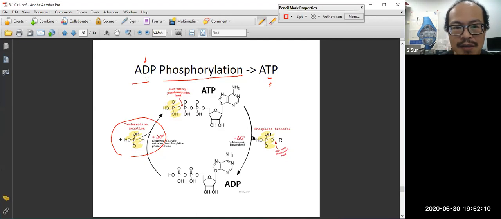Here is two phosphates. So that's the process, a very simple one. The whole work is to add a phosphate to ADP to become ATP. Through this process, we need oxygen, and that's why we call it oxidative phosphorylation. So let's see how mitochondria does it, okay, shall we?